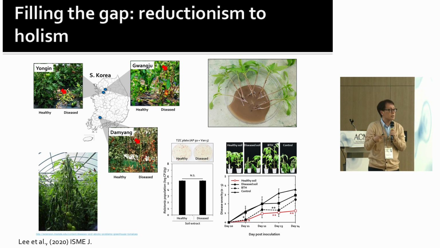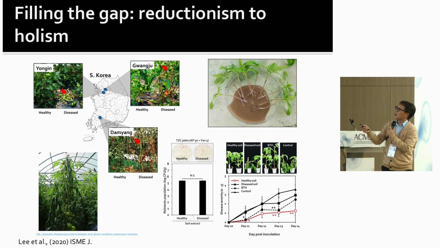So why does this happen? We tried to isolate the pathogen population in diseased and healthy plants. We found exactly the same number of pathogenic bacteria in both. That means the pathogen population is the same, but one is diseased and one is healthy. What's the difference?